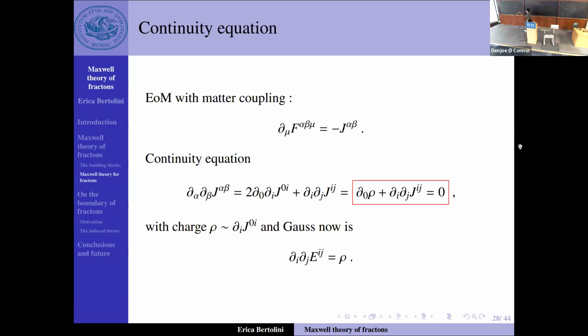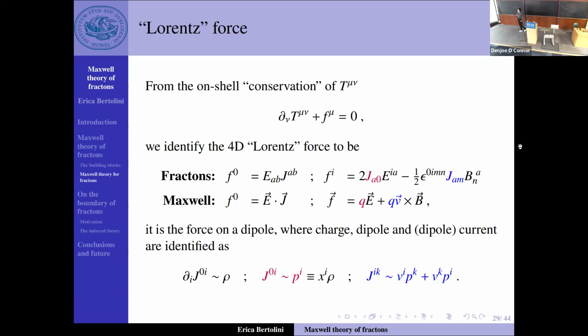So, keeping this result and the result concerning the energy momentum tensor, we can also compute the Lorentz force from the conservation of the energy momentum tensor. And this is interesting and important for 2 reasons. The first is that in the literature, it's one of the things that comes out from nothing, in a sense.